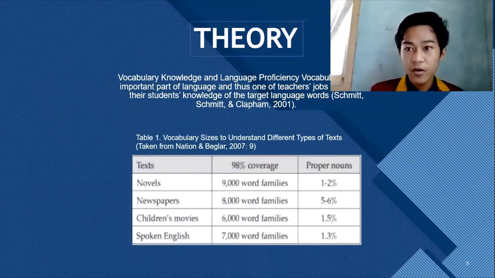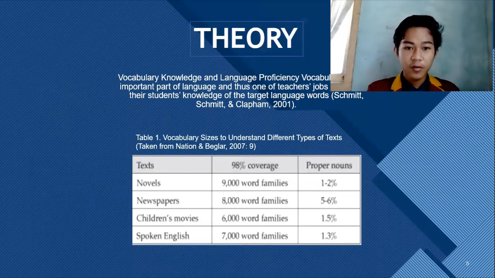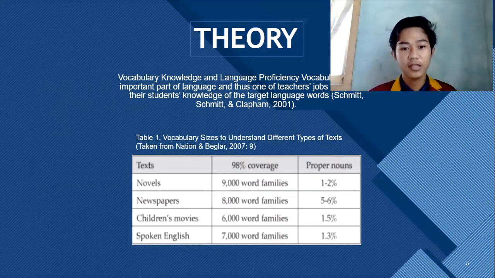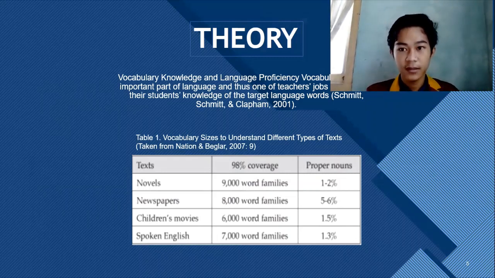And here we go. Look at the table. We can see the vocabulary size needed to understand different types of text, taken from Nation and Webb 2009. We can see the comparison of novels, newspapers, children's movies, and spoken English.